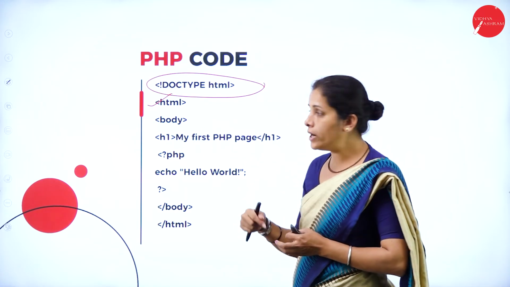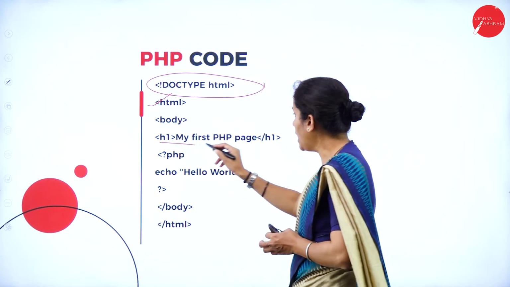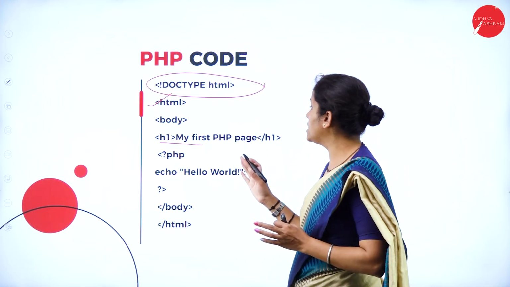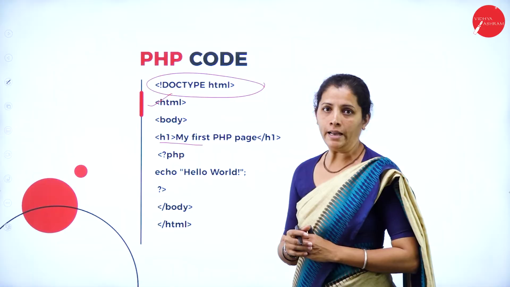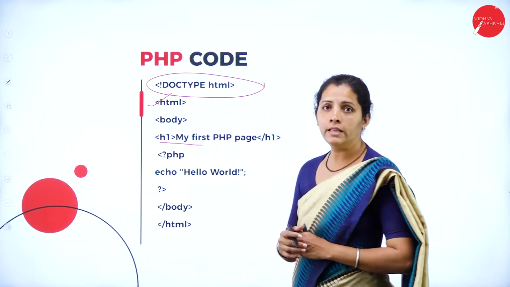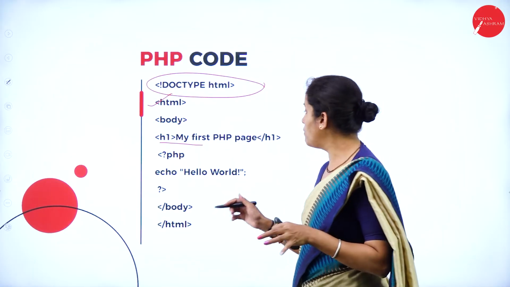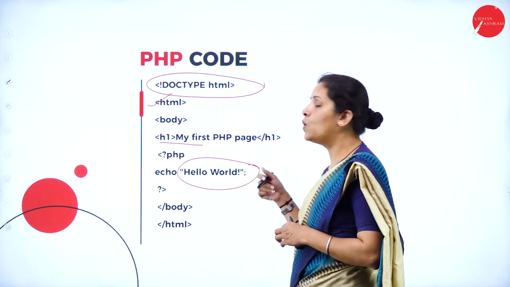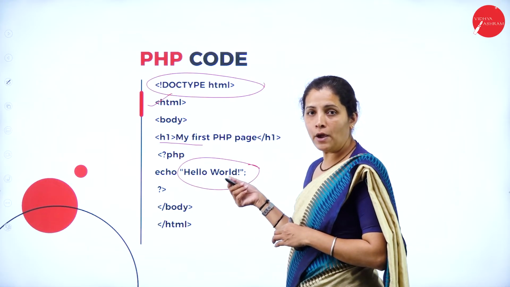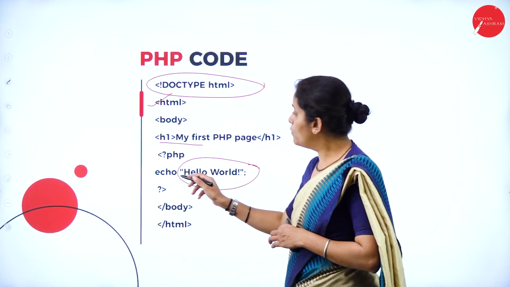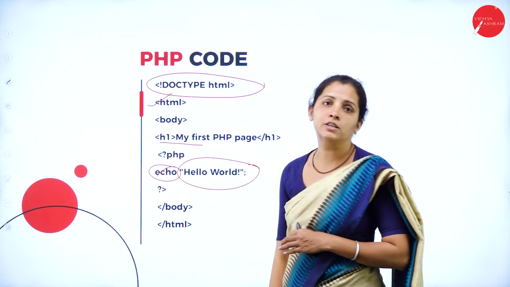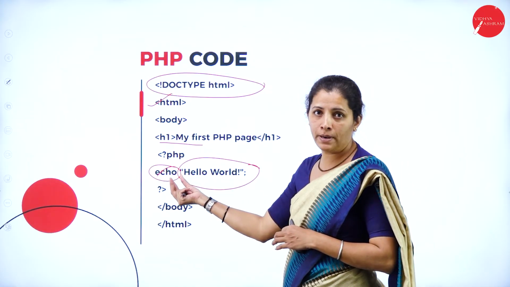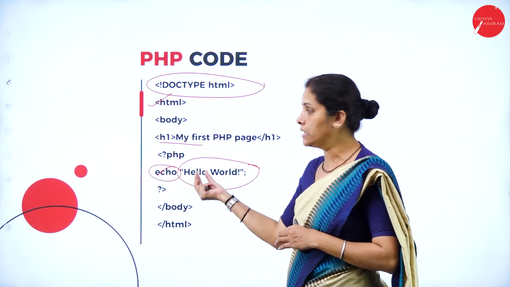Inside the body, I have the heading, my first PHP page. Now in that page, what do I want to display? I want to display the message hello world. To display or print, I'm going to use the method called echo. By using echo, I'm going to display the content on the screen.